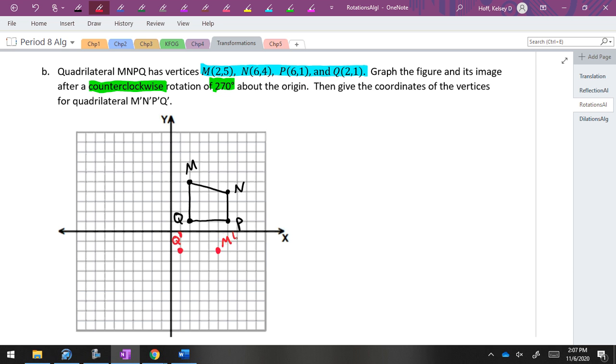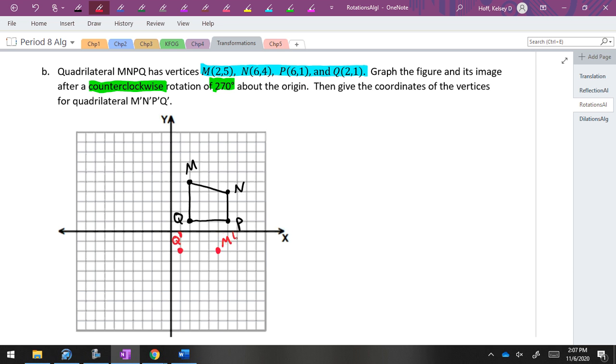Whether you go 270 this way or 90 to the other direction, 270 plus 90 is 360. It's going to get us the same location, right? That's why it works. You guys are on the right track. Your explanation why is because of the 360. So instead of going 270 counter, you really could go 90 clockwise. Gets you the same spot.